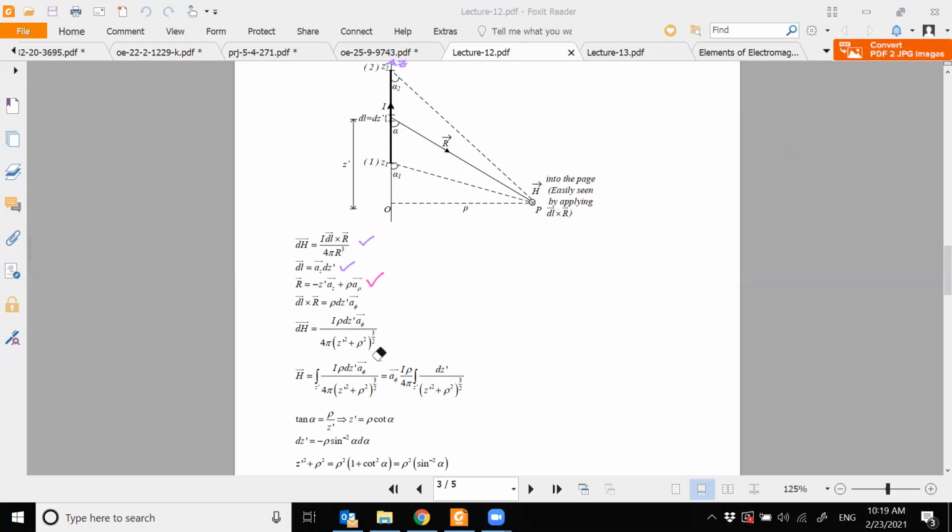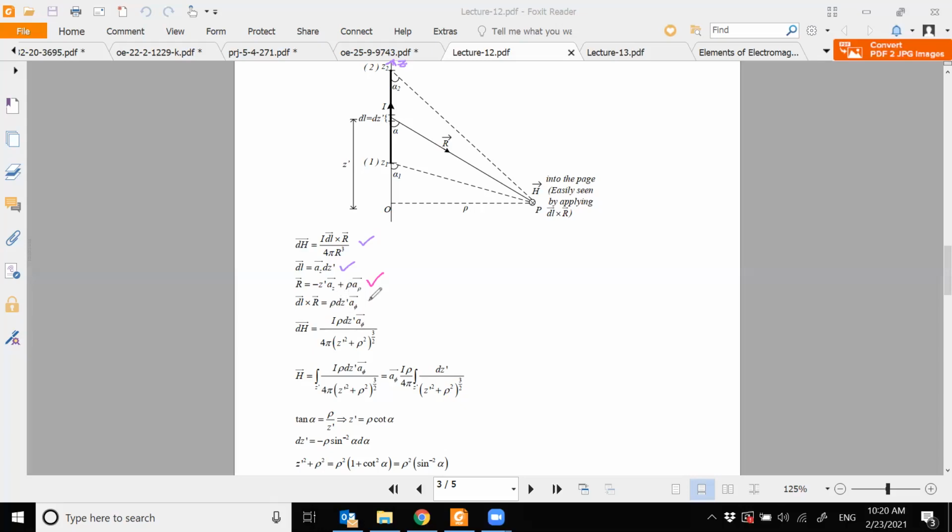Now what is dL? So now we need dL cross R. Taking the cross product of dL and R: az cross az is zero, since az cross az is 0. az cross a rho is a phi, and then dz' multiplied by rho, so rho dz'.